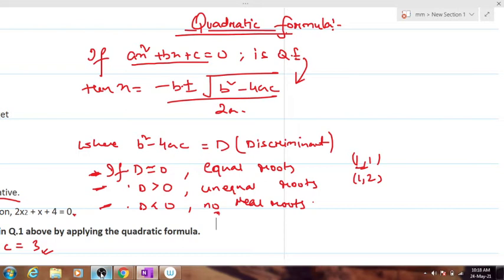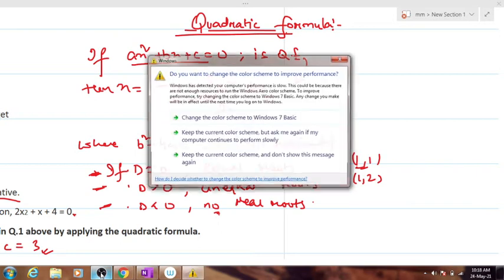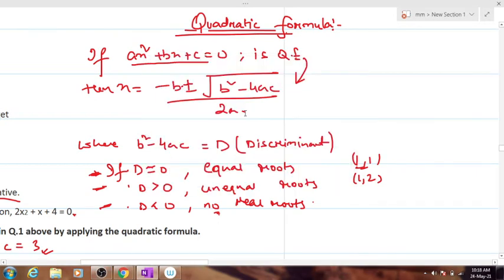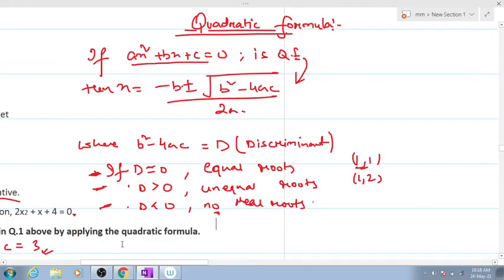I hope nobody has any issues in this. Did everybody understand this? Confirm.